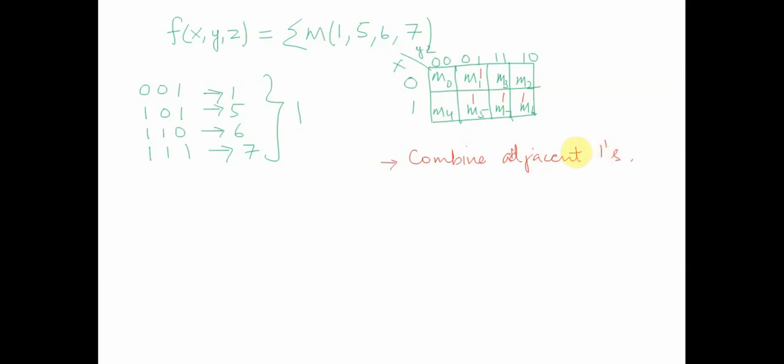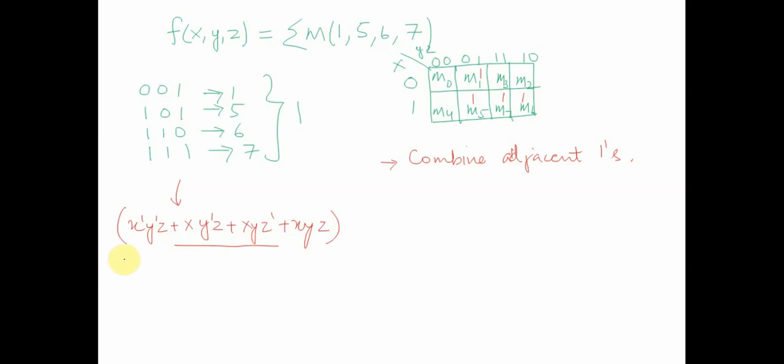If we have to write this function, we write it as x bar y bar z plus x y bar z plus x y z bar plus x y z.